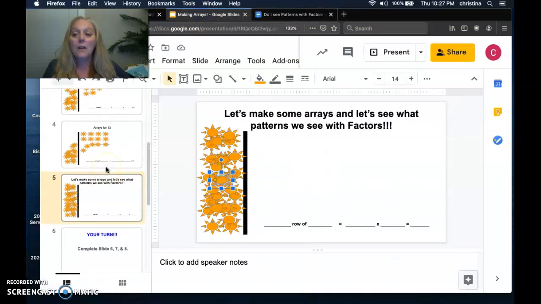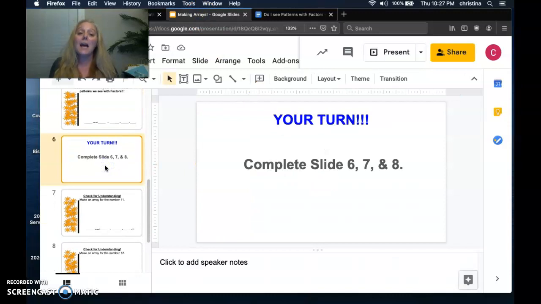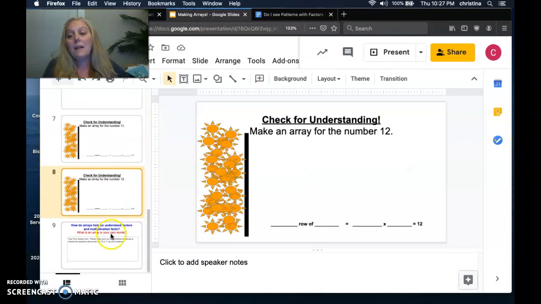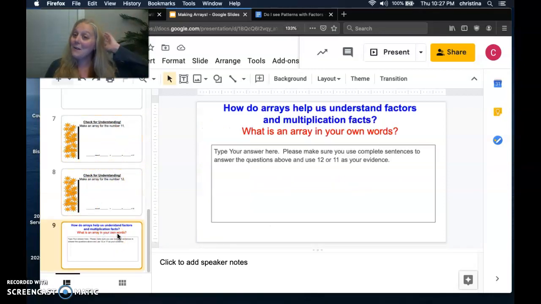And the other thing I want you guys to do is on the slides, there are slides 7, 8, and 9. What you're going to do is make an array for the number 11 here, and then you're going to make arrays for the number 12 here. So those are the 2 things you're going to do with the slide. And of course, I don't just want to know the math.